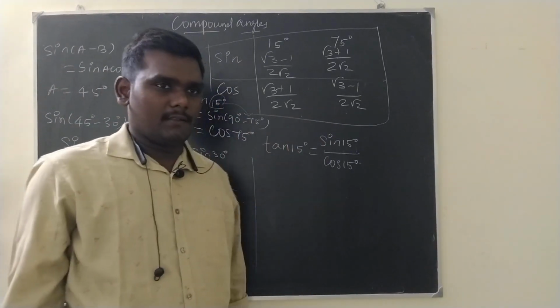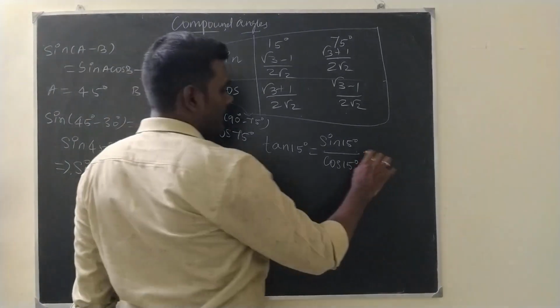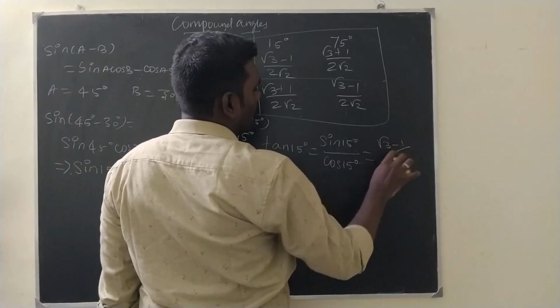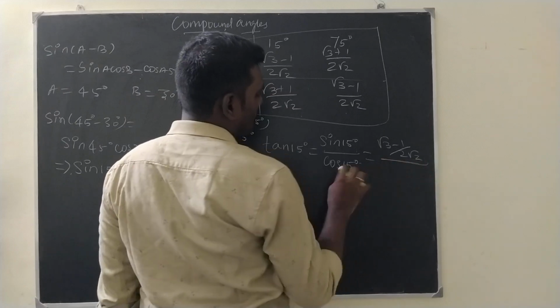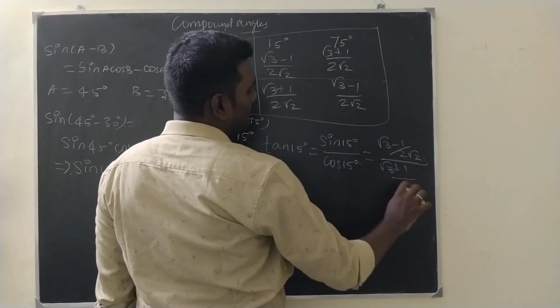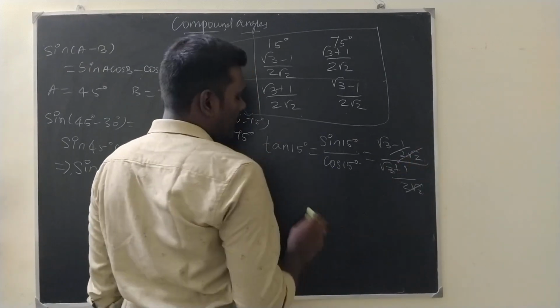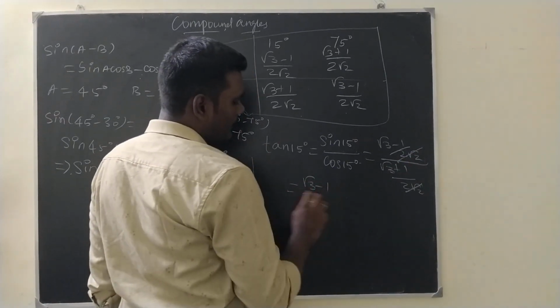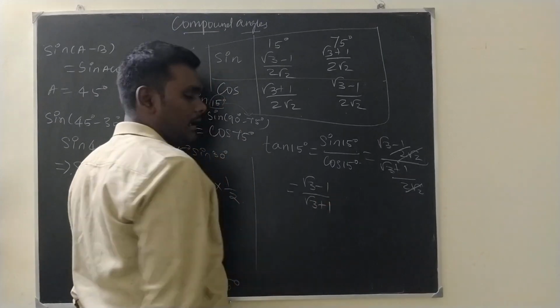Both will give you the same answer. Sin 15 is root 3 minus 1 by 2 root 2 and cos 15 is root 3 plus 1 by 2 root 2. The 2 root 2 part will get cancelled. We have root 3 minus 1 by root 3 plus 1.